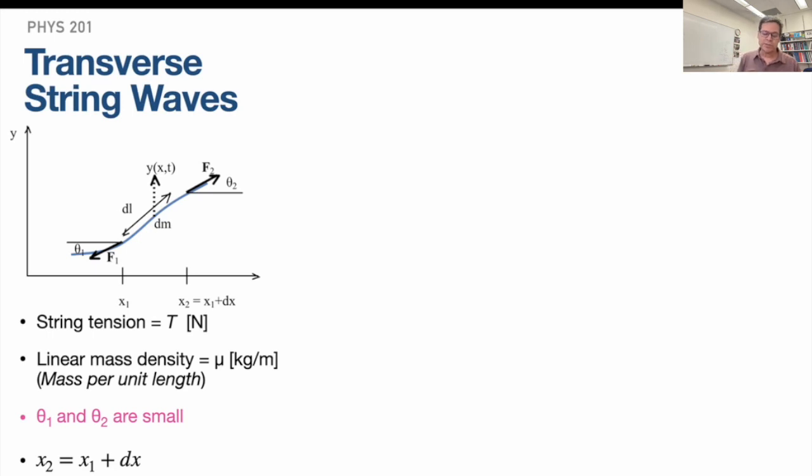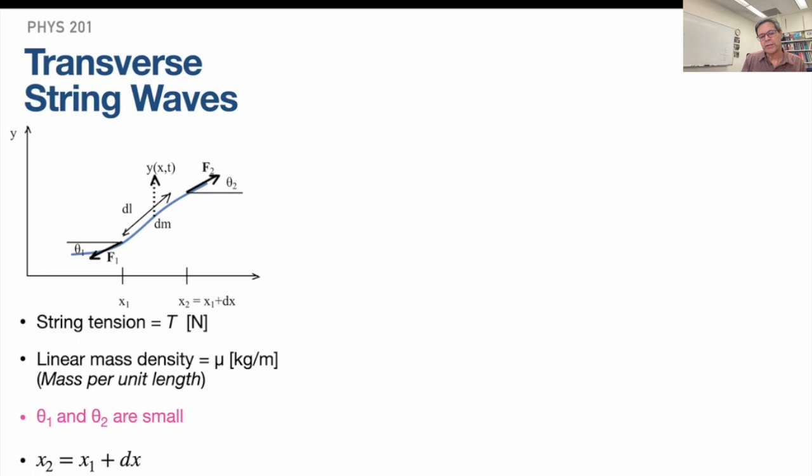Okay, but one other thing we're going to assume is that the angles theta 1 and theta 2 are small. What does that mean? Here's an element of that string that's been plucked, if you like. It's at some angle now in the xy plane. We can measure the angle, say on the right side, the angle above the horizontal direction, and on the left below the horizontal direction, respectively theta 2 on the right, theta 1 on the left.